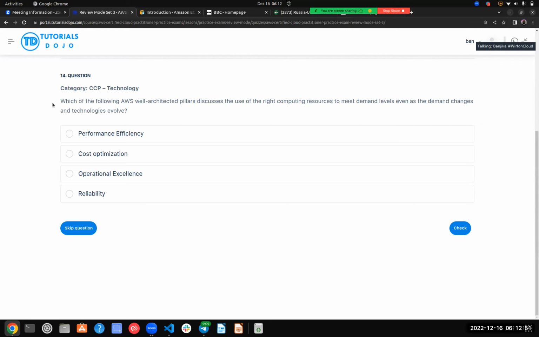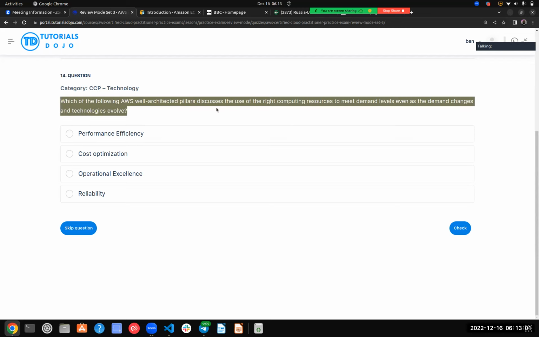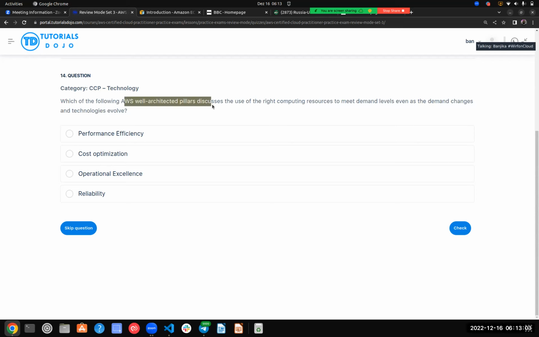Which of the following AWS well-architected pillars discusses the use of the right computing resources to meet demand levels even as the demand changes and technologies evolve? So which pillar discusses the right use of computing resources to meet demand levels even as demand changes and technology evolves?